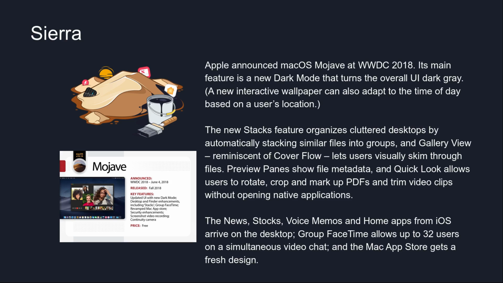Continuity camera permits users to take a picture or scan a document with an iPhone or an iPad and have it appear instantly on their Mac. Integrated markup tools for Finder, Quick Look, and screenshots also make adding comments fast and easy.